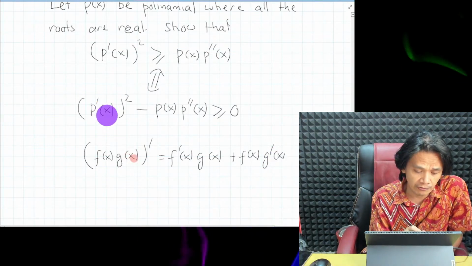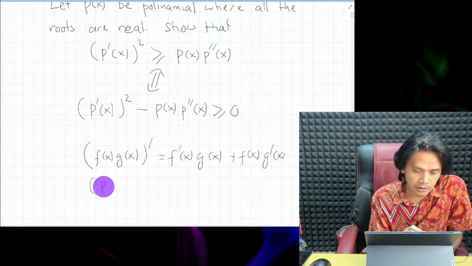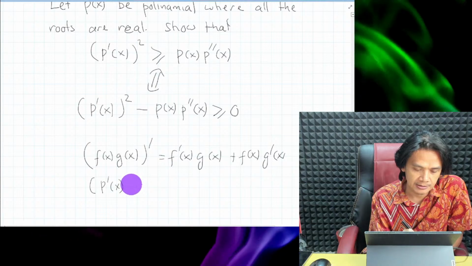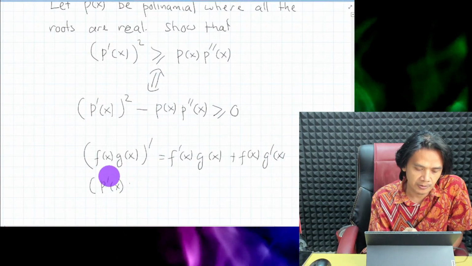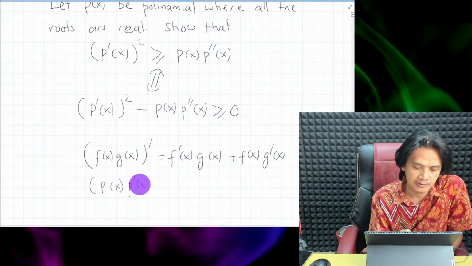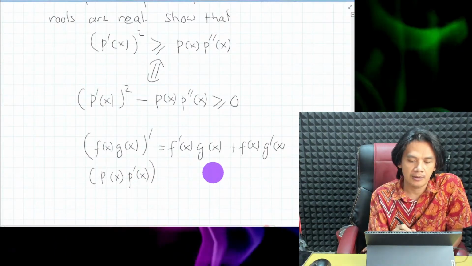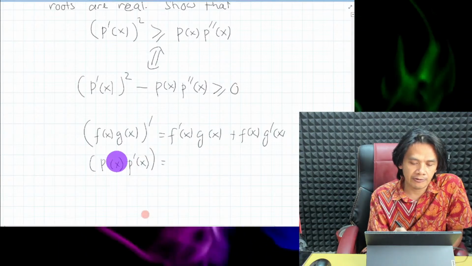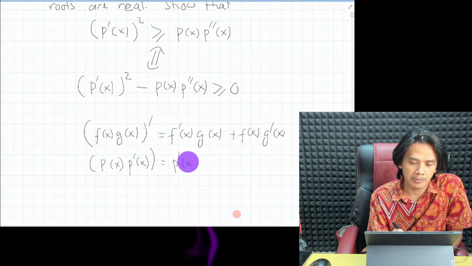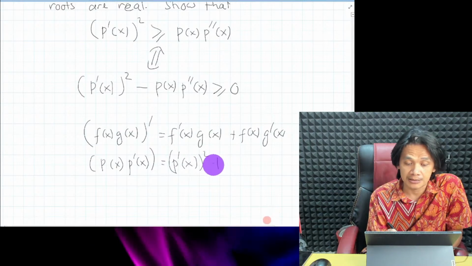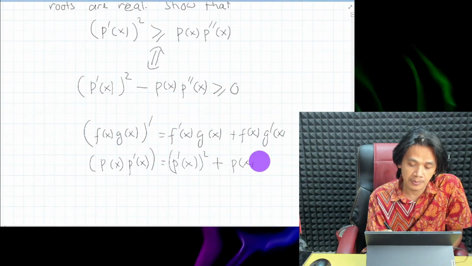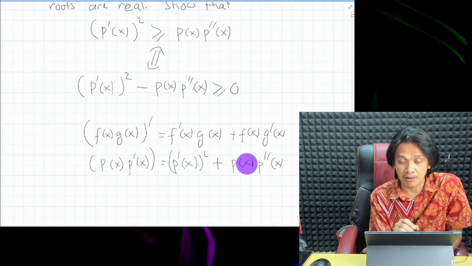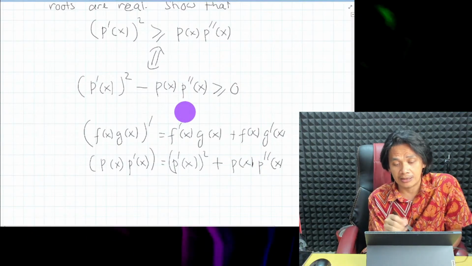So here also, if we put, for example, p prime of x and p of x, or p of x and p prime of x, then you will take the derivative of the first one, so it's going to be p prime of x squared, but this is a plus now, p of x, p double prime of x. So it is similar but not quite, right?